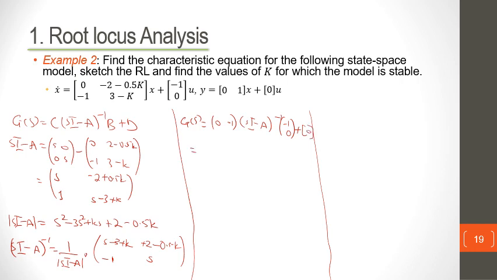Now if we do the multiplication, remember we have 1 over the determinant, so we do C times this inverse. In the first instance, you're going to have 0 times s minus 3 plus K, which is 0, plus negative 1 times this negative 1, which is going to give us 1.